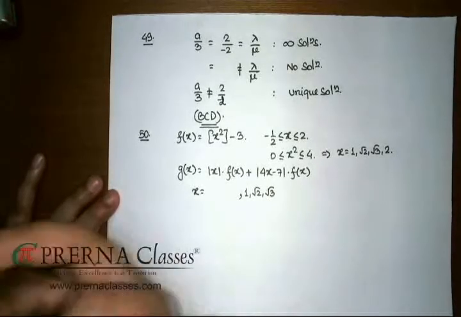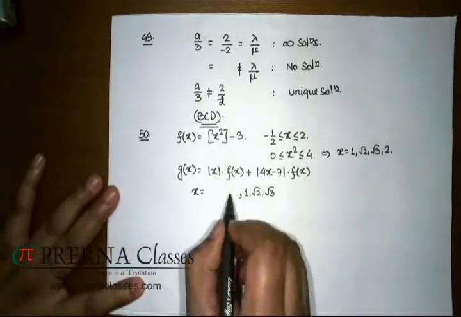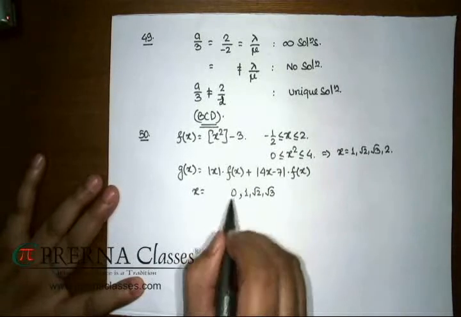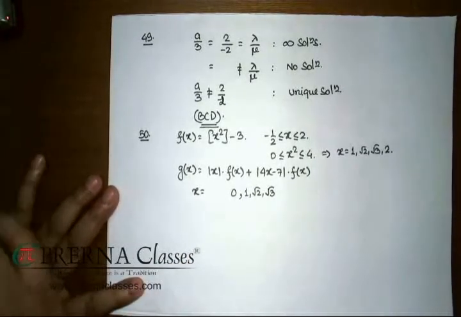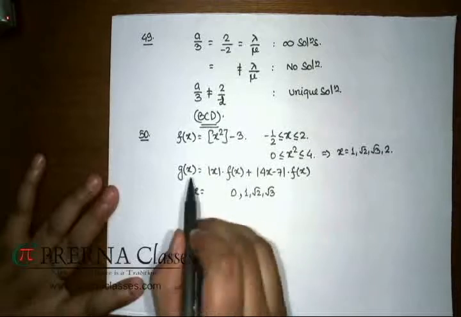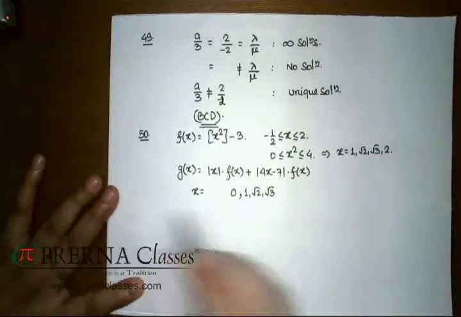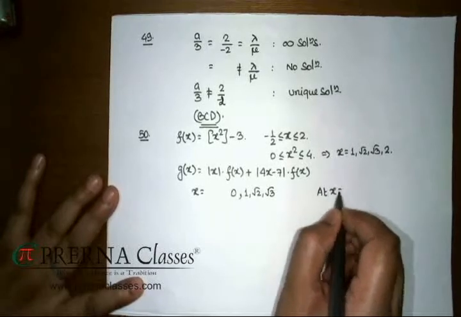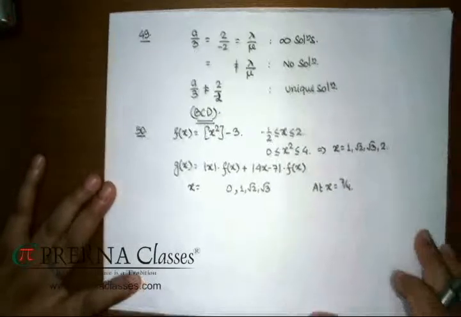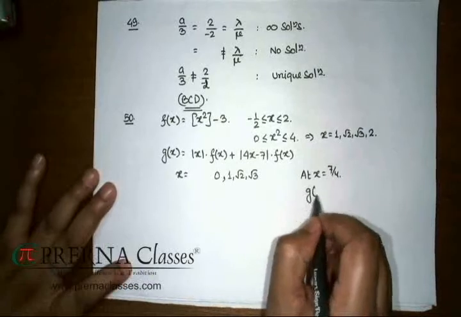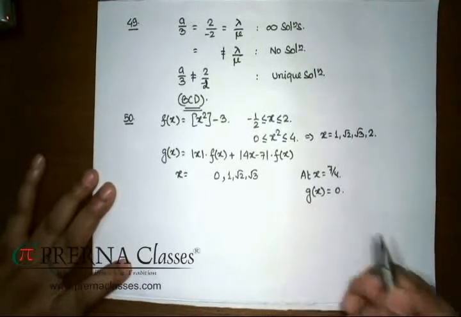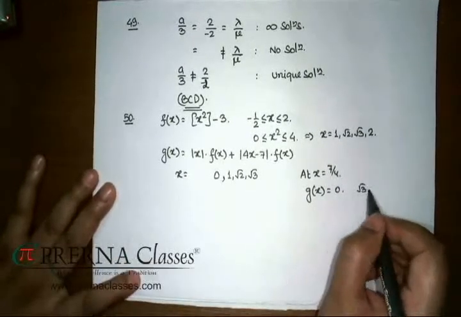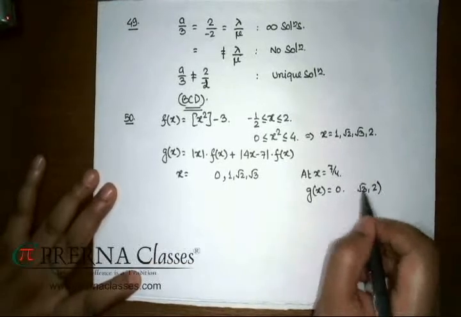If you check at 0, you will find that this function is going to be non-differentiable, because this is going to have its effect on the overall function. But at 7/4, the function is defined as 0 in the complete interval of root 3 to 2.